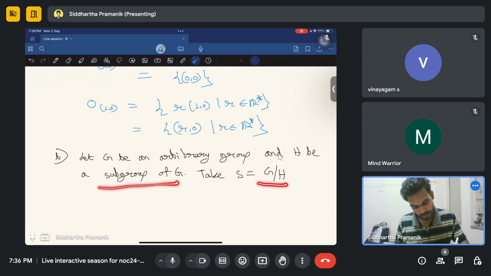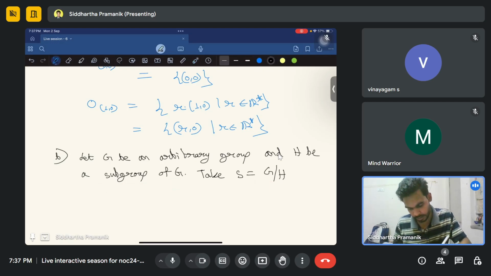So this G mod H is the set of all left cosets of H in G. It is not a group. It will be a group only when H is a normal subgroup. But we only need set structure. So it is a set.